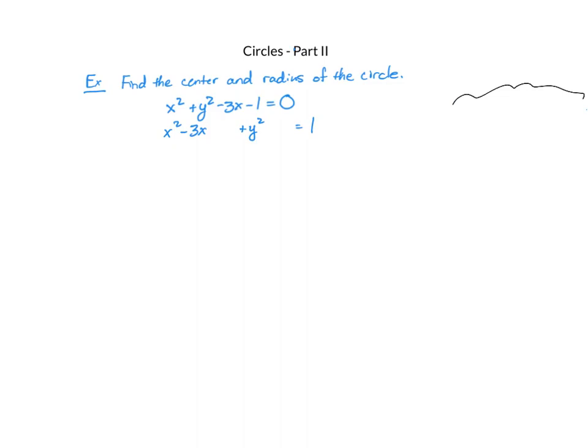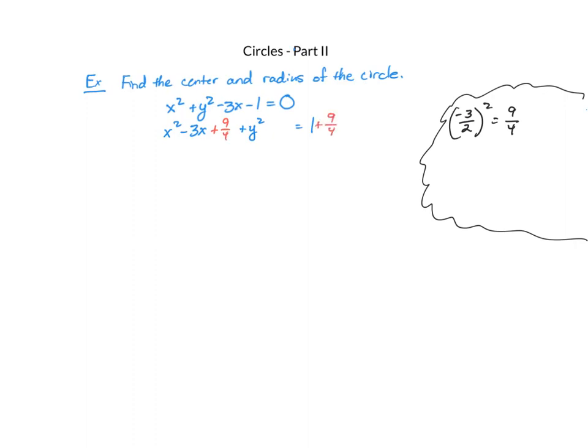I'm coming over here to my scratch paper so that you can see how we get the value we do. So negative 3 divided by 2 is half of negative 3, and we'll square it. So we get 9 over 4. So 9/4 is the number that completes the square. So let's add 9/4 to both sides.